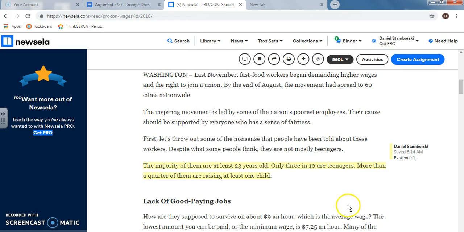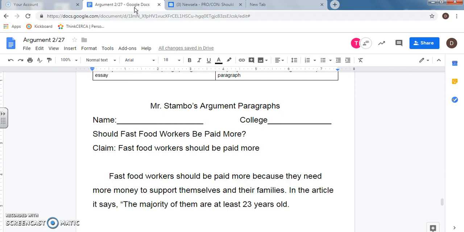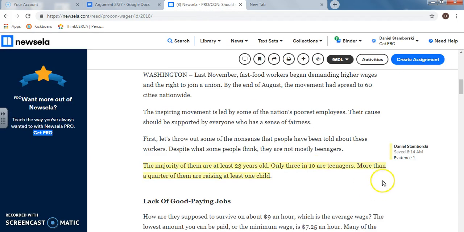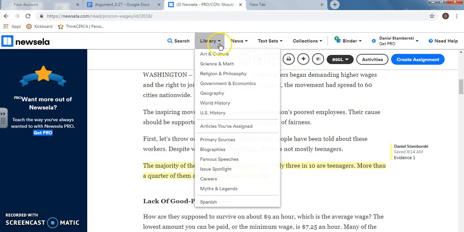And then only 3 in 10 are teenagers. And more than a quarter of them are raising at least 1 child.